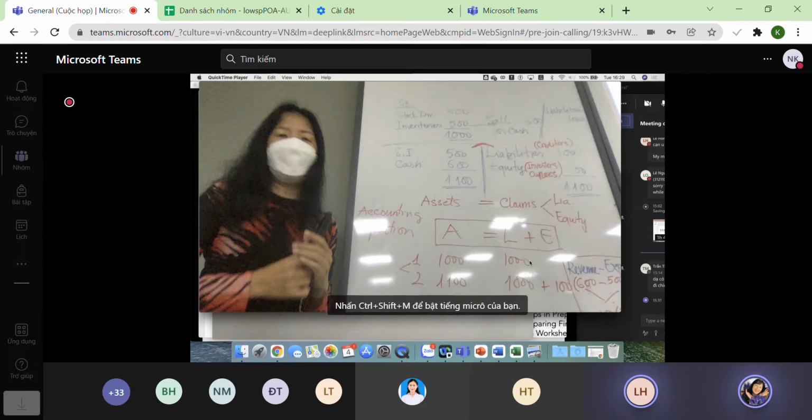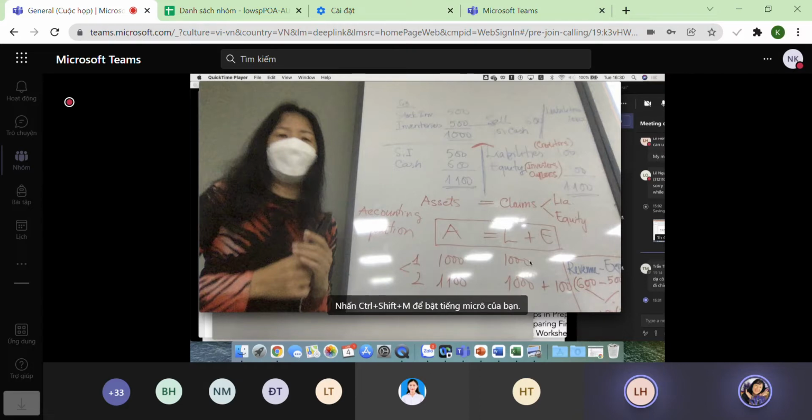We will use this tool, the accounting equation, to analyze business transactions in order to select what kind of information affects the financial position of the company. That means it affects the accounting equation here. If it affects the accounting equation here, it affects the financial position of the company.